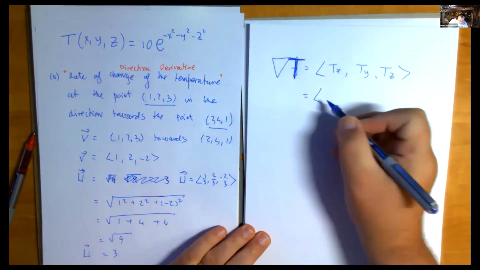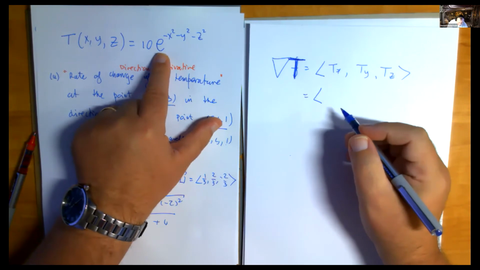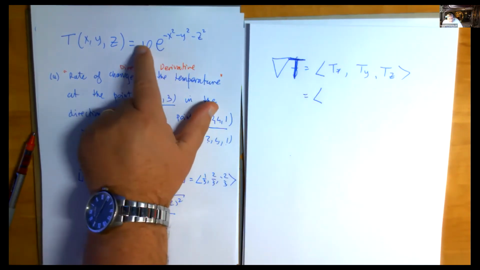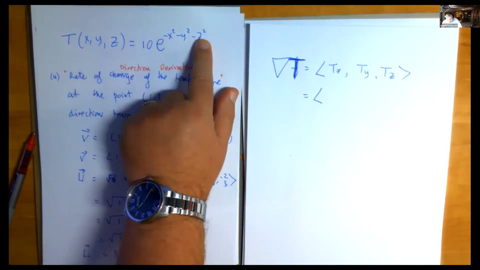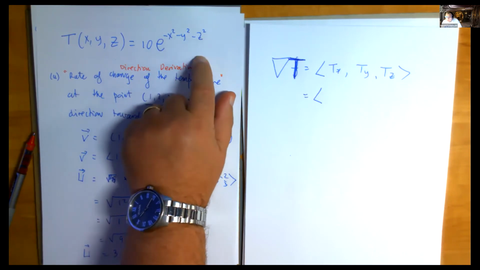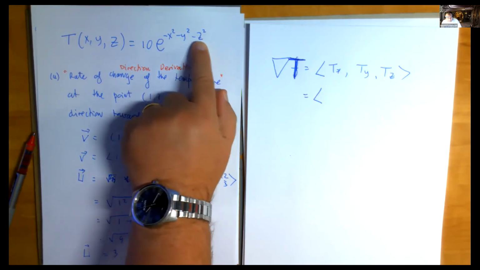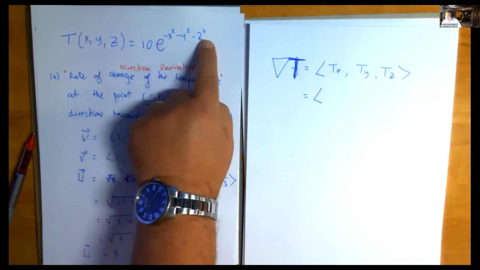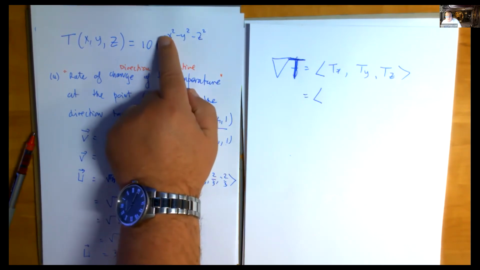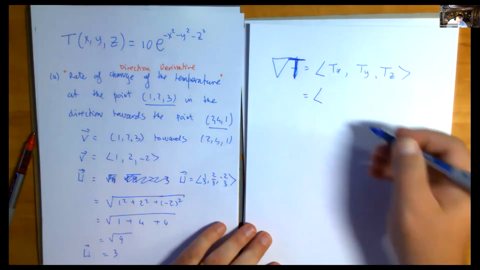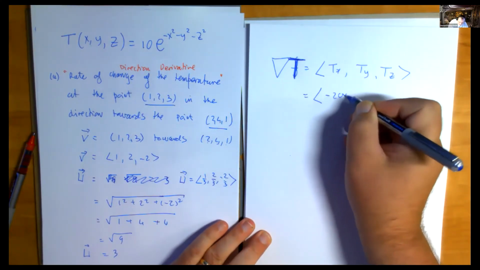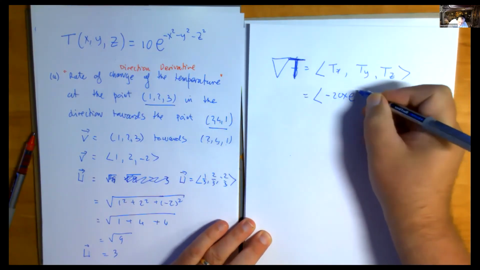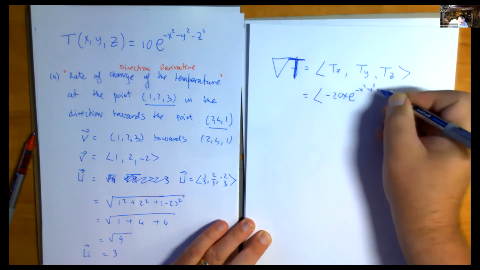So if you do this fella, with respect to x, you will get 10 e to the ugly guy, and then won't you get a times negative 2x? Because the partial derivative of this with respect to x is just negative 2x. So that means you get negative 20x e to the negative x squared, negative y squared, negative z squared.